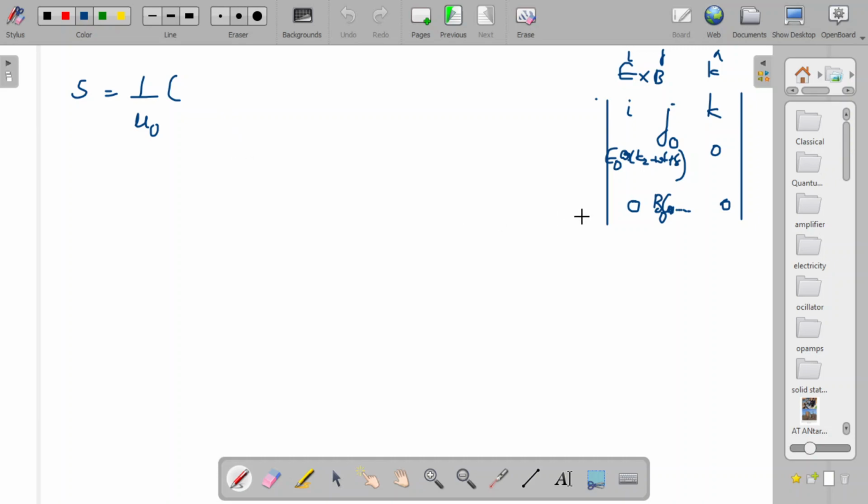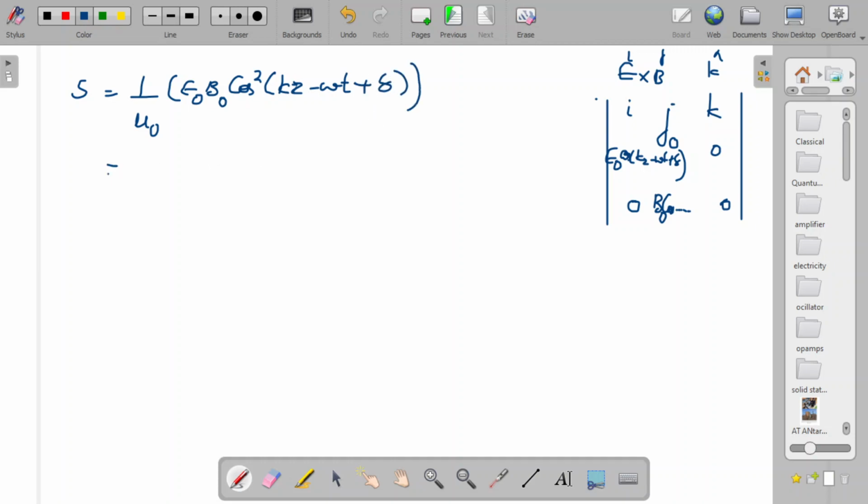So that is E cross B is E0, then B0, then cos square kz minus omega t plus delta, as we have written.